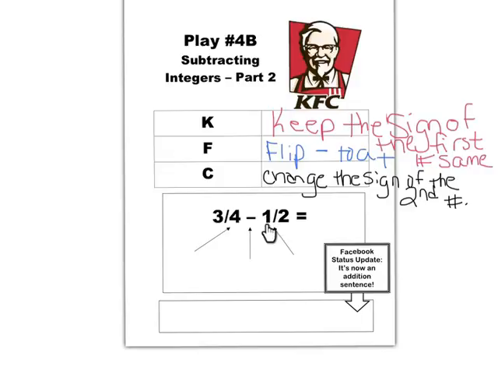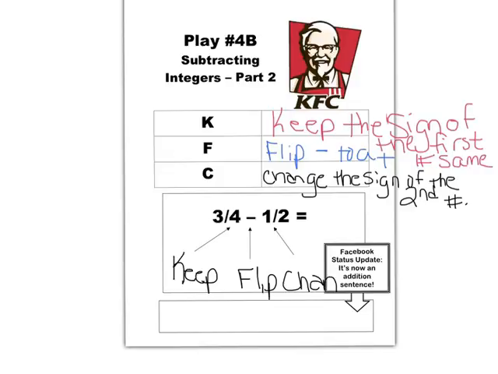We all know how to subtract fractions because we did that in our first unit, but now we're going to treat it just like if we were doing whole number integer subtraction, and we want to do KFC. So let's do keep, flip, change.